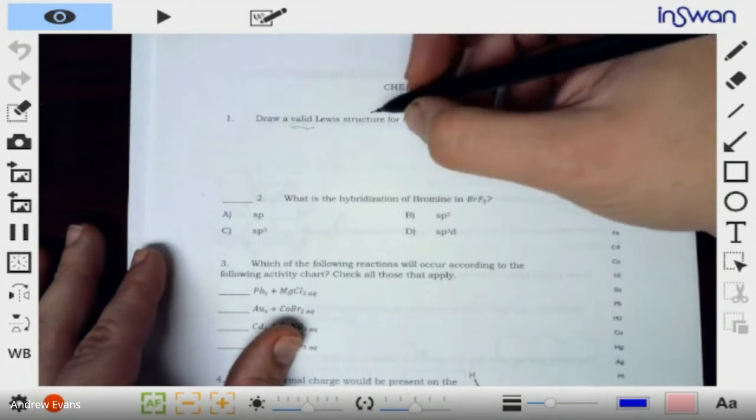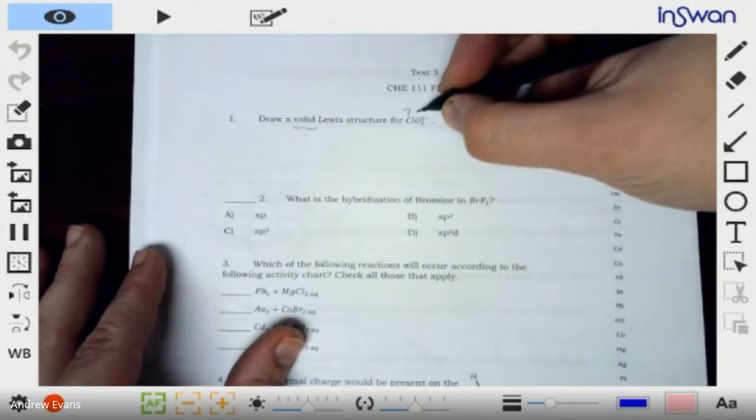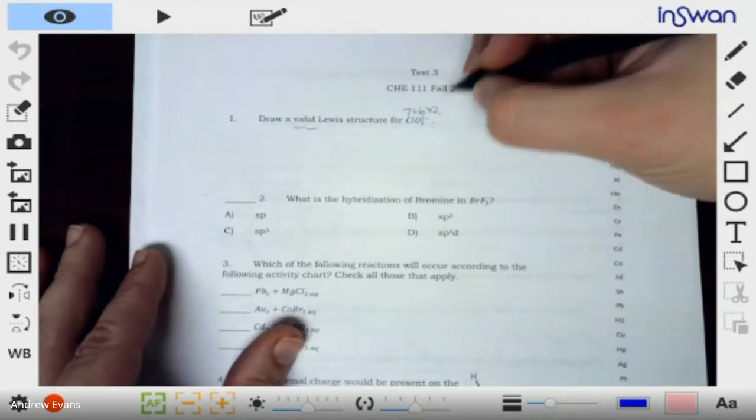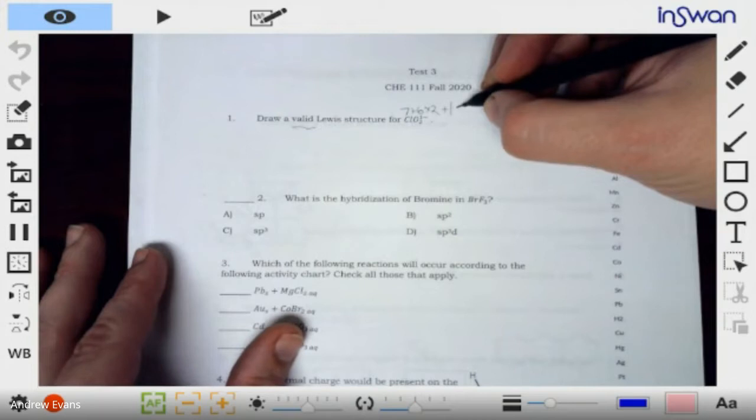Start off, draw a valid Lewis structure. Big key is valid. Doesn't have to be best, valid. So chlorine, group 7, has 7 electrons, plus 6 from oxygen, and there's double that, and plus 1 because it's charged is 20 electrons.